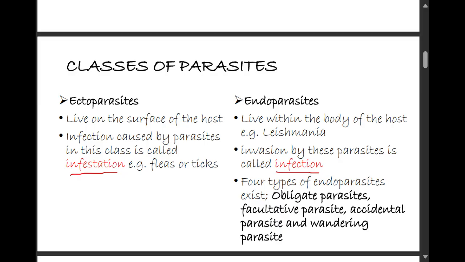So in a nutshell, when we don't have a host, we won't have reproduction. No host, no reproduction, because for reproduction to be complete, there is need of a host.